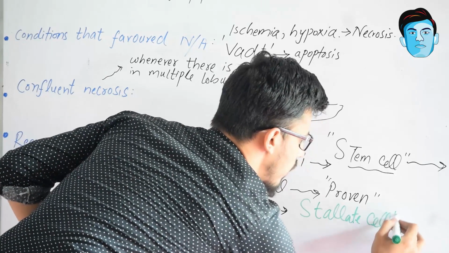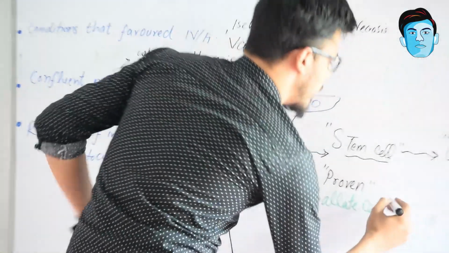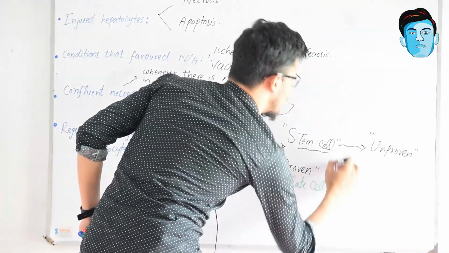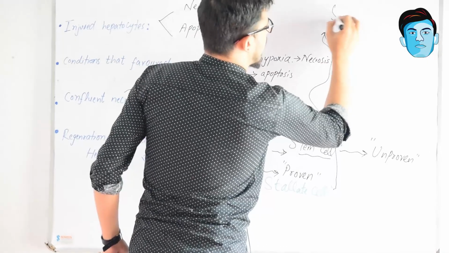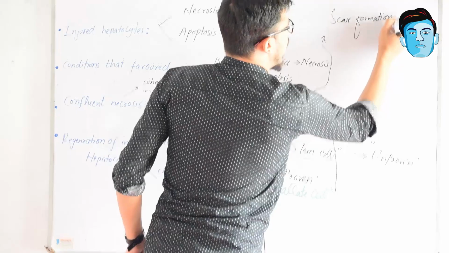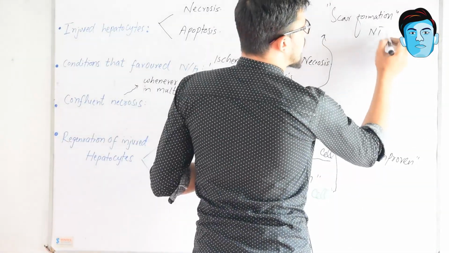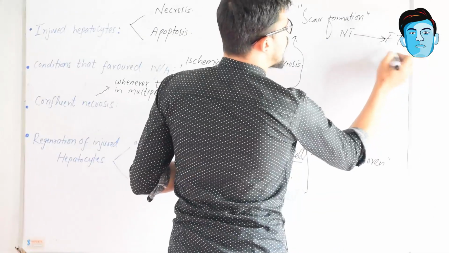They have a major role, as in this state scar formation occurs. In scar formation, the normal tissue gets replaced by fibrous tissue.